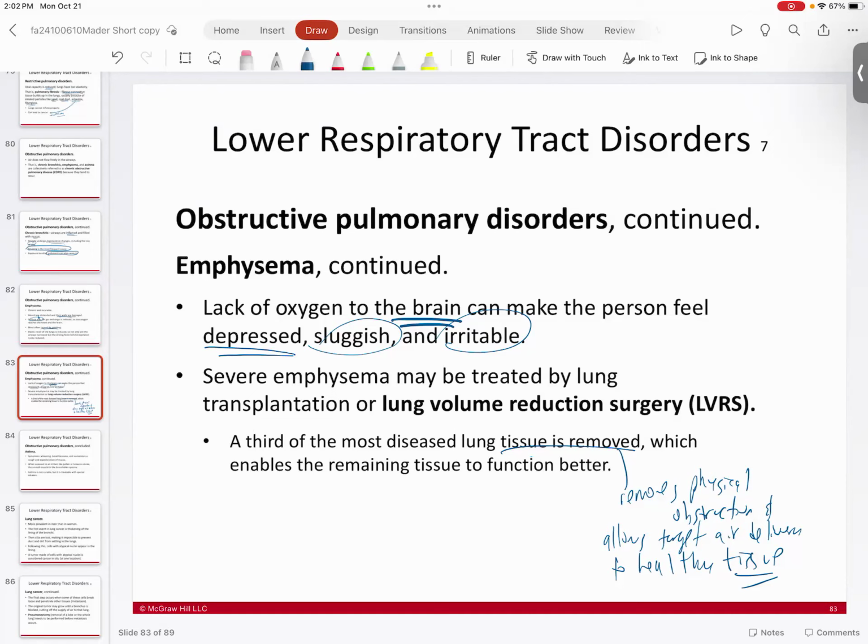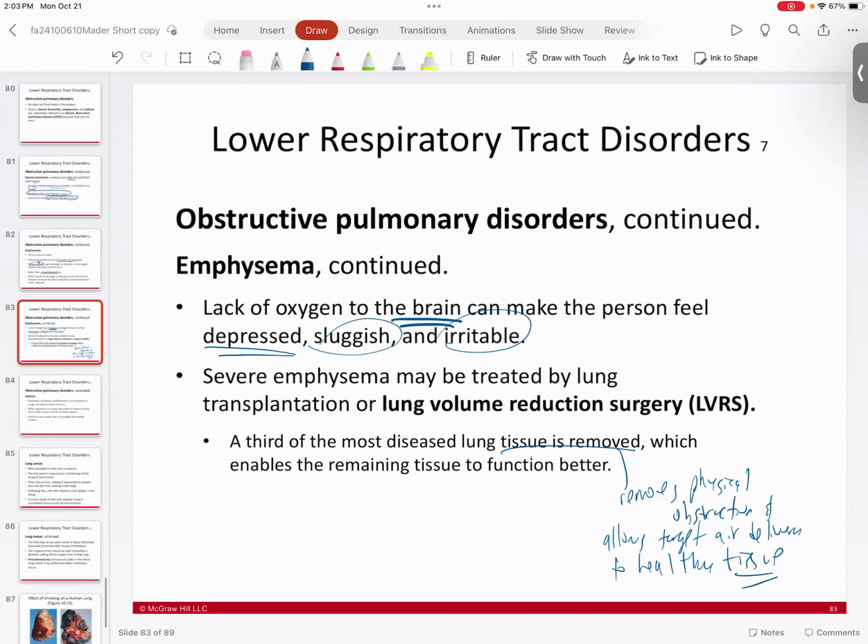So your healthy tissue is going to get a greater fraction of the air. That's what this is talking about. Right? So it's talking about getting better delivery of air into the healthy tissue, or what little healthy tissue you have left. And that can be an increase. But here's the problem.